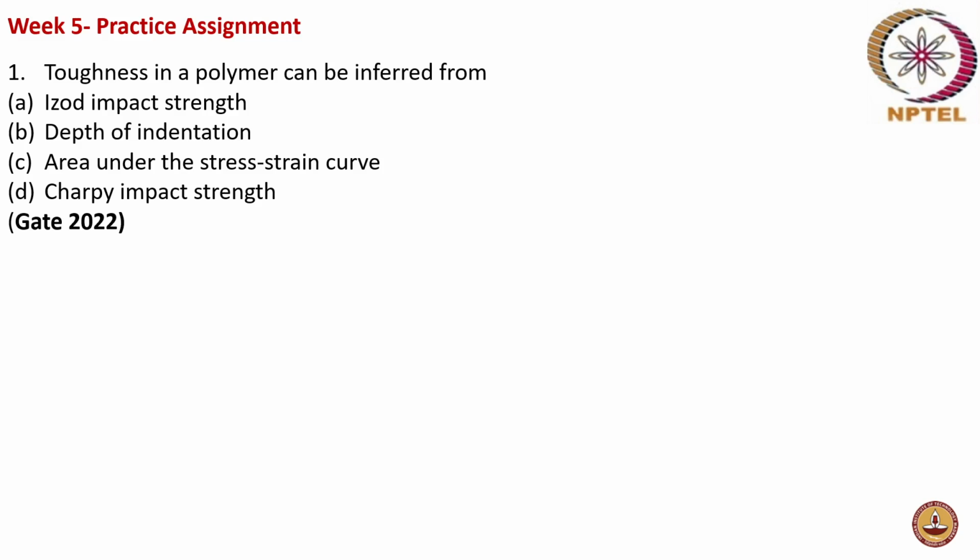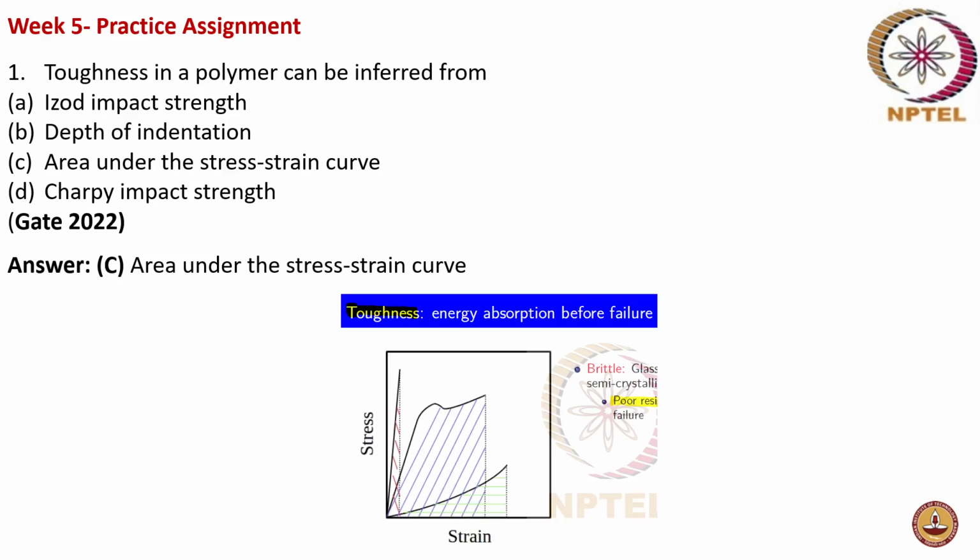Anybody else? You want to make a try? C only, ma'am. Yes, you are right. You all are right. So toughness is energy absorption before failure, so you can estimate it from the area under the stress strain curve of the material, right?